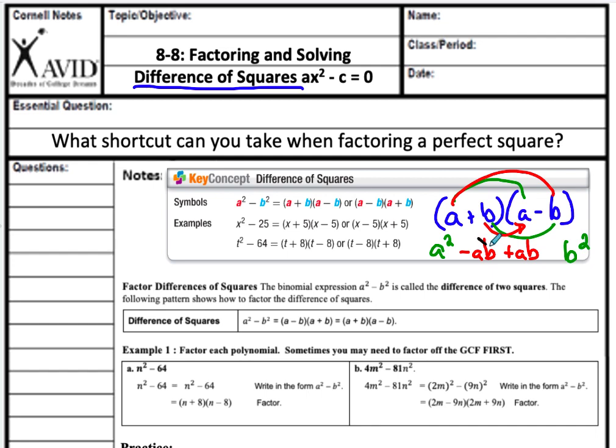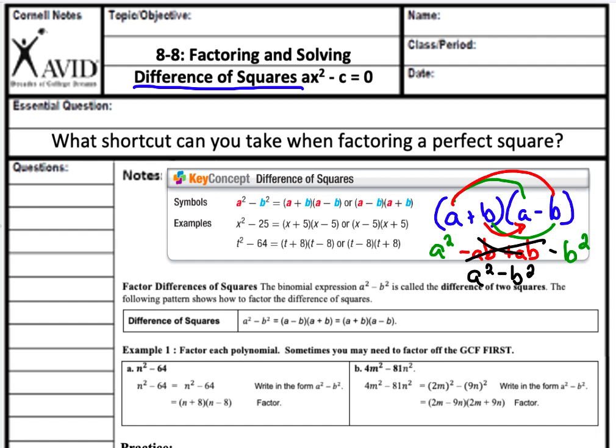Those two middle terms added to 0, and we are just left with a squared minus b squared, okay? Because it was the same values, just a different sign, we only ended up with that first and last term. Those middle terms turned to 0 and dropped out of the problem.